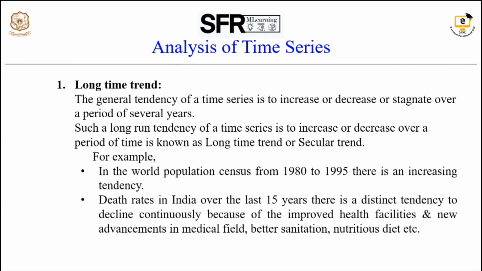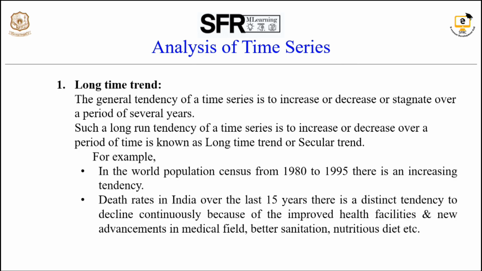The general tendency of a time series is usually to increase, decrease or stay stagnant over a period of several years. Such a long run tendency of a time series to increase or decrease over a period of time is known as a long time trend, or another name, secular trend.